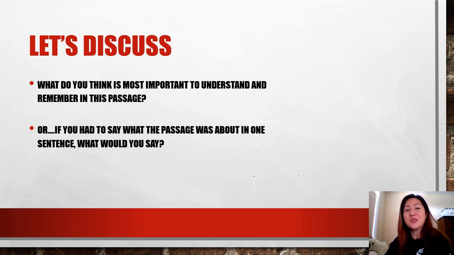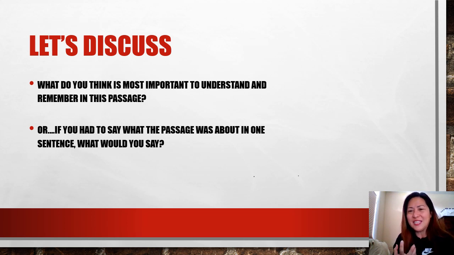And so the question is, what do you think is most important to understand and remember in this passage? Or if you had to say what the passage was about in one sentence, what would you say? As you can see, it's short. It's something that doesn't give a lot of details, but really narrows it down to what is important to understand and remember. That's what we do when we're trying to find the important ideas of a passage.